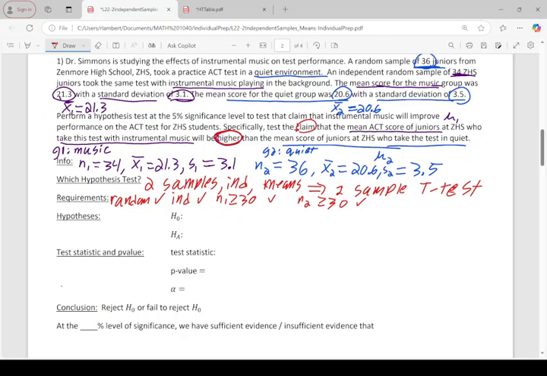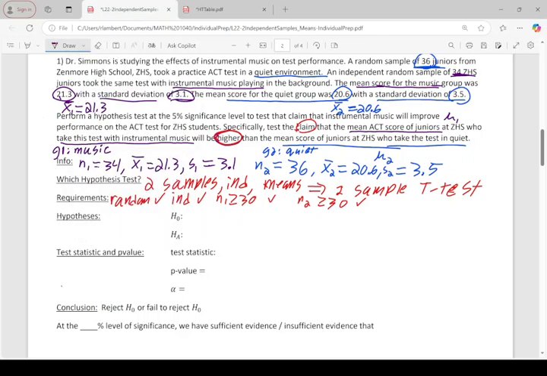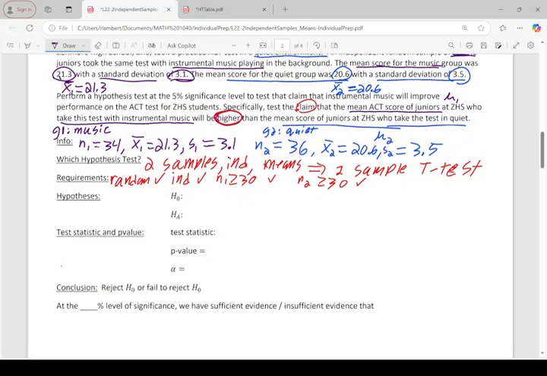The null hypothesis states that the treatment didn't work, that there's no difference. That's why it's called the null hypothesis. Null means nothing, nothing's happening.